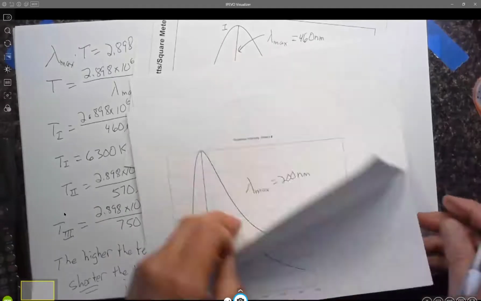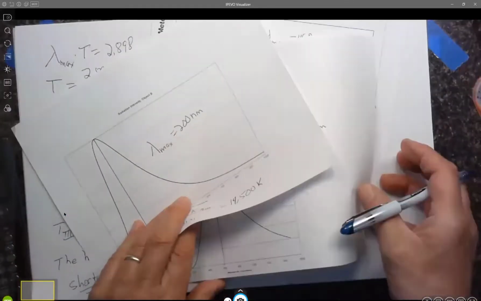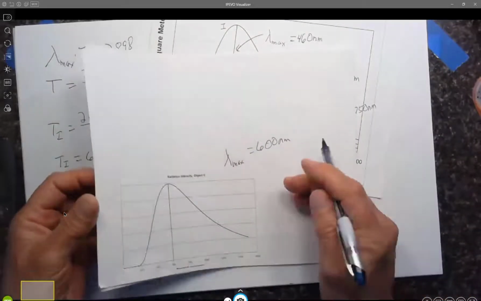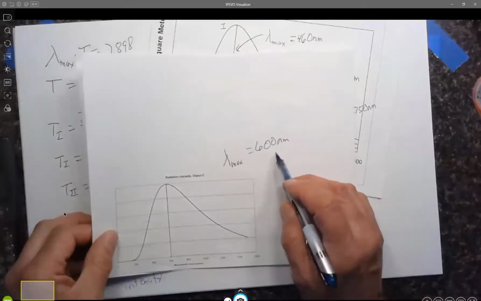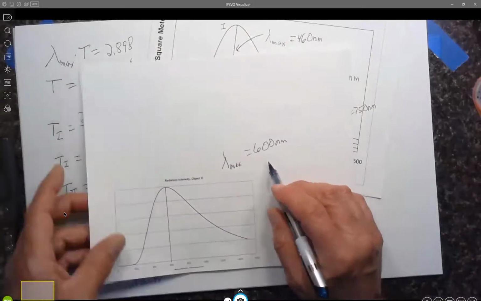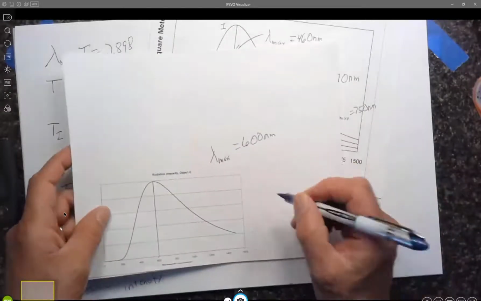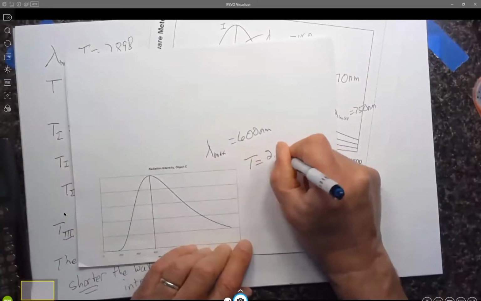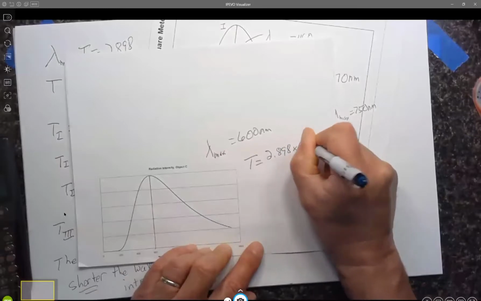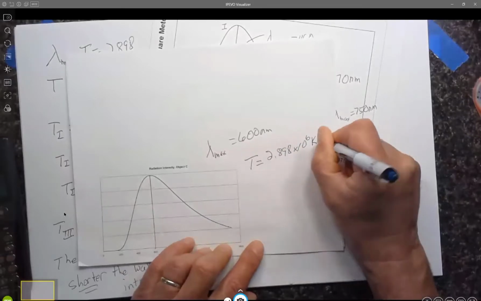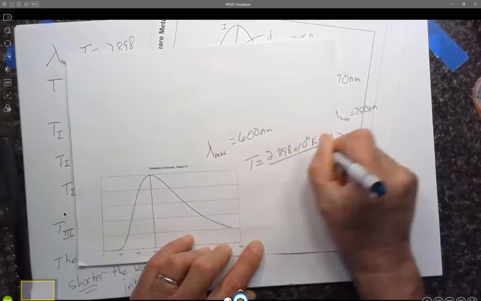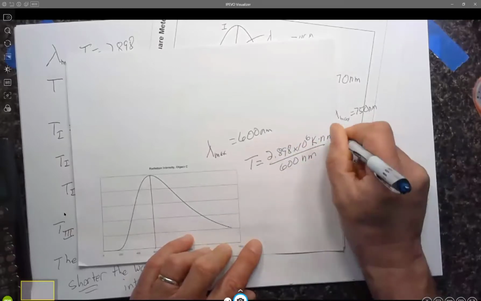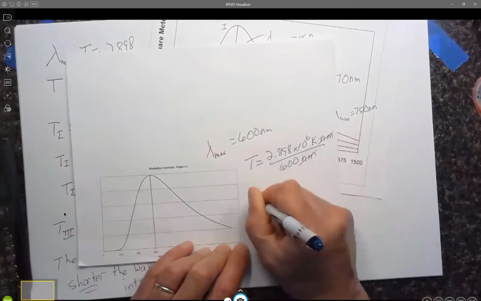Okay. Well, let's see. The next one, the 600 nanometer one, I sort of guessed that because its wavelength of maximum intensity was 3 times higher, maybe its temperature was only a third. So let's see. T is, again, 2.898 times 10 to the 6th Kelvin nanometers, this time divided by 600 nanometers. The nanometers divide out, and I'm just left with Kelvin.